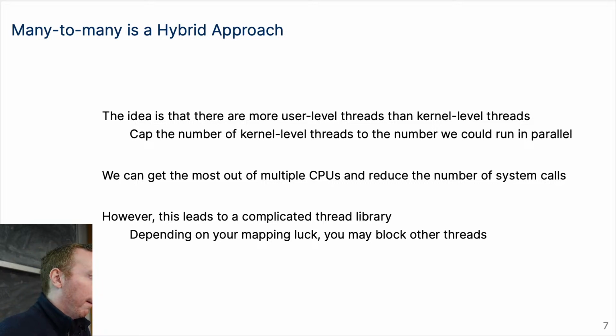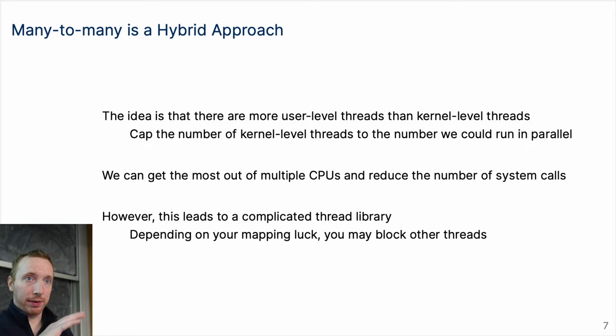Could you explain again why in many-to-one in user level, they cannot have parallelism but only concurrency? Yeah, so the question is, can you explain why many-to-one doesn't have any parallelism, just concurrency? Because many-to-one maps a bunch of user threads onto one kernel thread, the kernel can only schedule that one thread, which is just that whole process in this case.